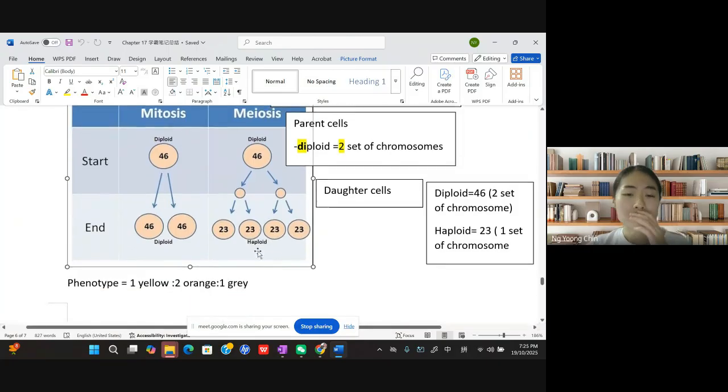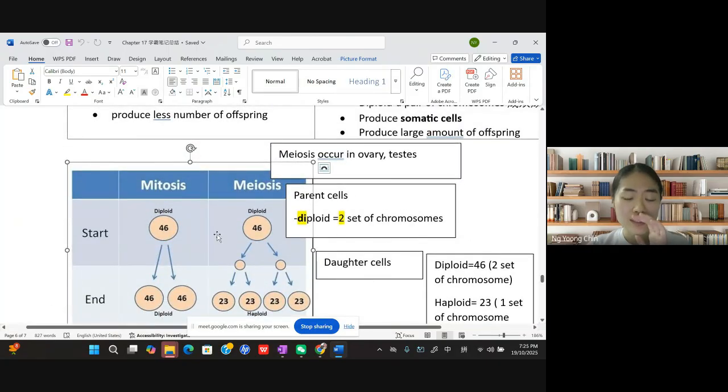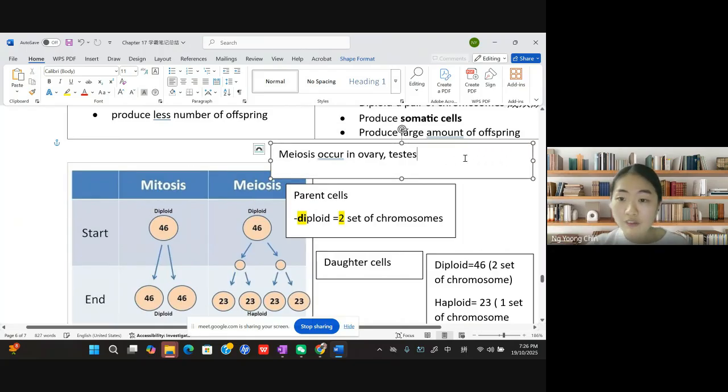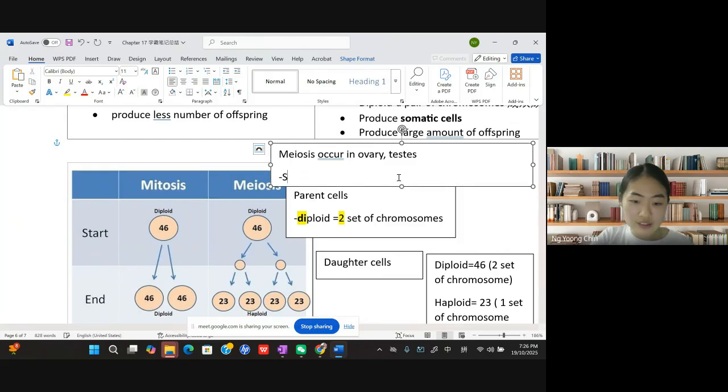Meiosis is different from mitosis because meiosis involves the separation of the homologous chromosomes and the sister chromatids, just like I showed you in the picture.